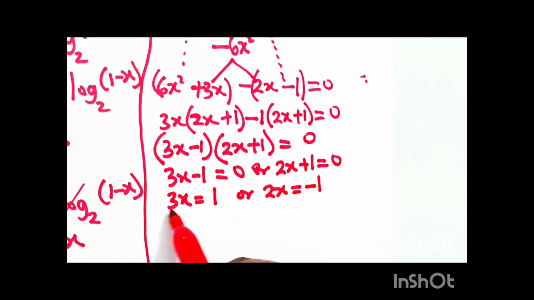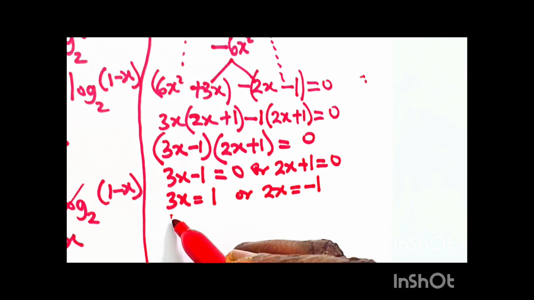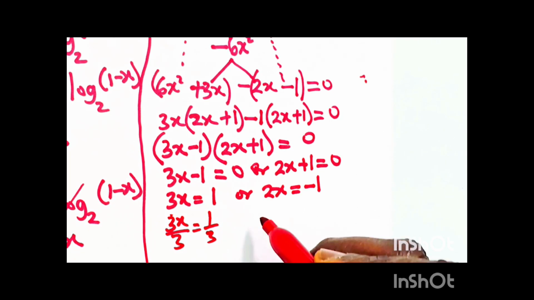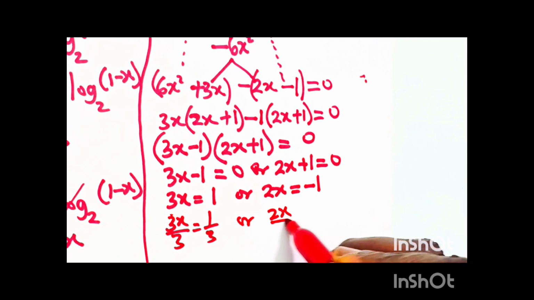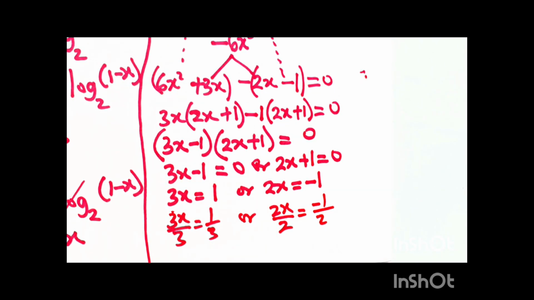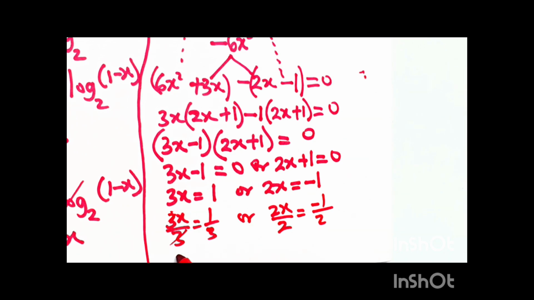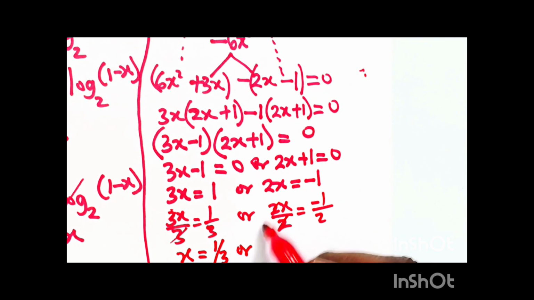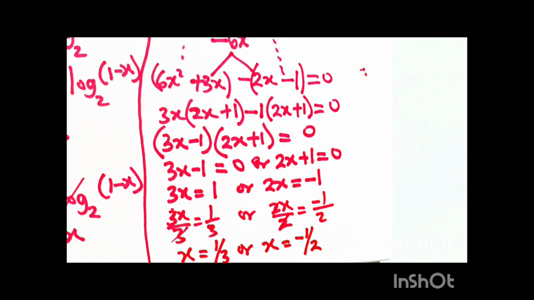We divide this side by 3, and if we do that, we're going to have 3x divided by 3 equals 1 divided by 3, or 2x divided by 2 equals minus 1 divided by 2. 3 cancels 3, we have x equals 1 over 3, or this cancels this, x equals minus 1 over 2. So that is the answer for us.